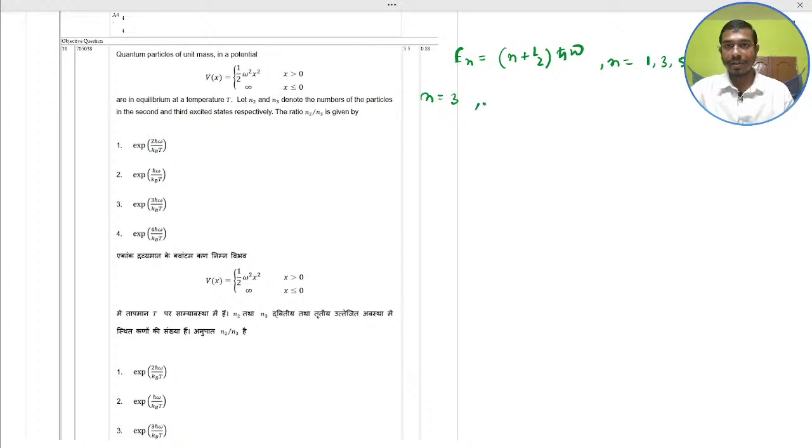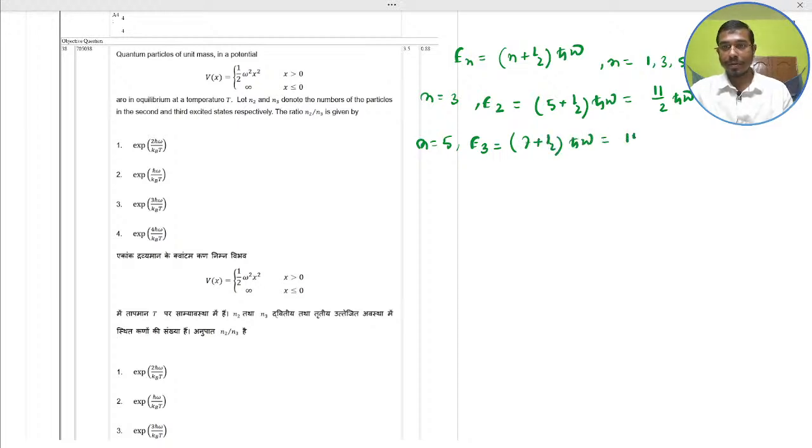For n equal to 3, the E2 means the second energy level, that 5 plus half h cross omega, 11/2 h cross omega. Third energy level n equal to 5, 7 plus half, 15/2 h cross omega.